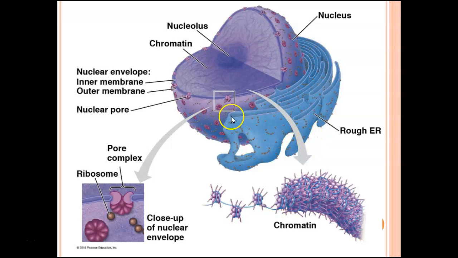Shown in a model, you can see the nucleus, the nucleolus region, the chromatin filling the nucleus, a membrane around it. This is a double membrane. If you look closely, you can see the double membrane. Pores on the surface of the nucleus and an adjacent structure called the rough endoplasmic reticulum.